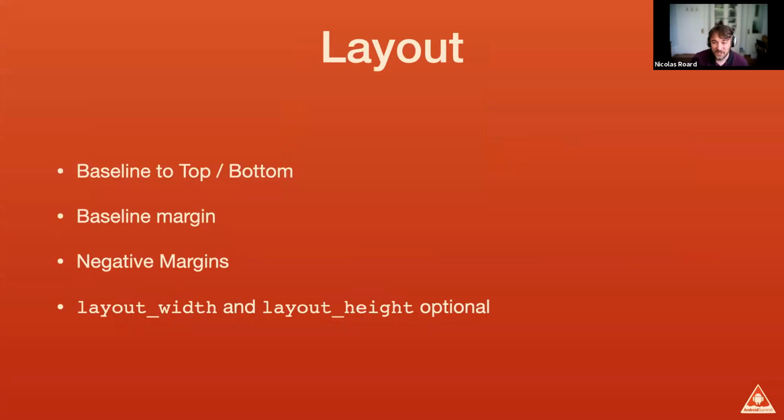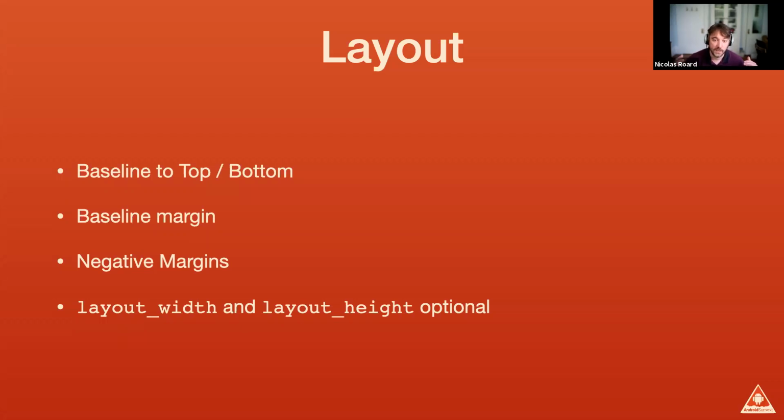A couple of additional things with the layout. As I mentioned, there are a few things that we know we could easily introduce that people have asked for a while. So adding the ability to constrain the baseline to not just another baseline, but also to top and bottom, and setting a margin on that baseline. Supporting negative margins.